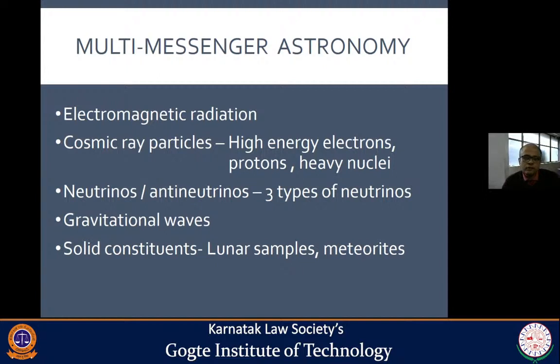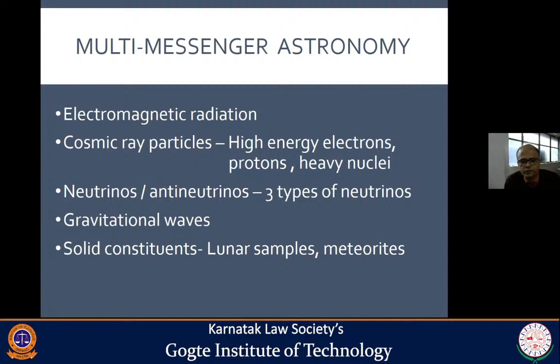Then recently, about 6 years ago, a new kind of detector was developed, which detected what we call gravitational waves for the first time. It's a new kind of telescope to look at the universe.